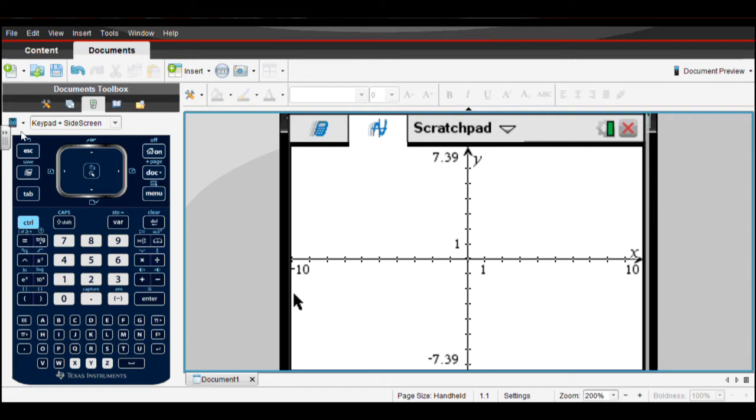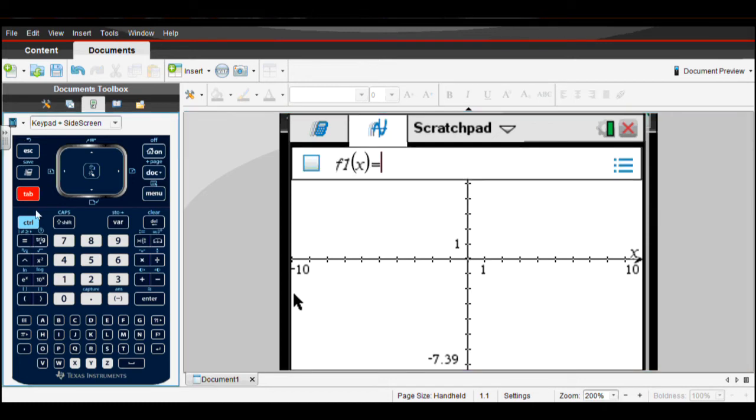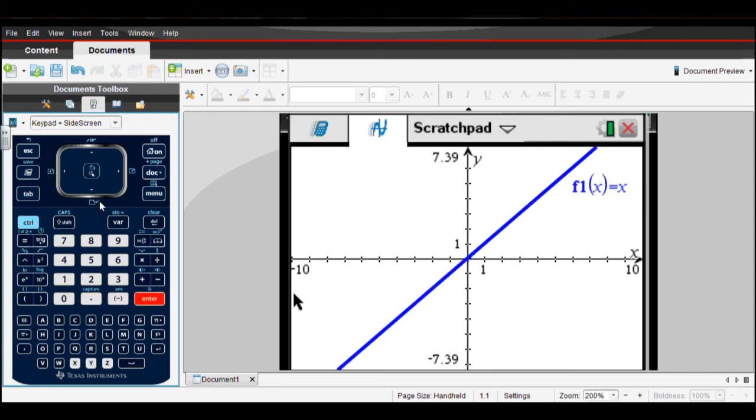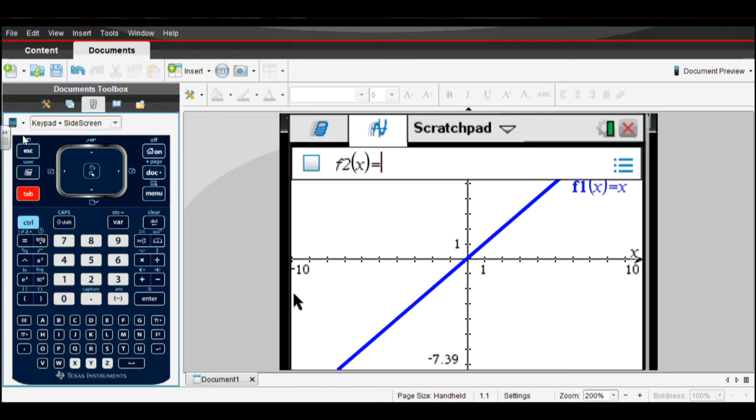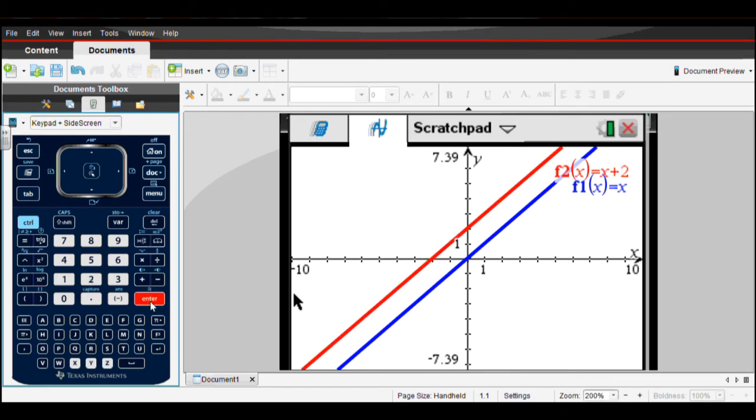So I'm going to type in my f1, and since I said that it was linear, it's just going to be x. So I have my x in, and I'll hit enter. So on my screen I can see the parent function for a linear equation. Now I'm going to type in the second equation that I was given, the x plus 2, and I'll hit enter as well, and now I have 2 lines.